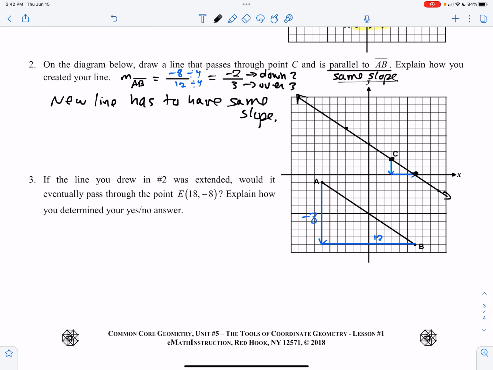Okay, number 3. If the line you drew in number 2 was extended, would it eventually pass through the point E, which is 18, negative 8? Explain how you determine your answer.